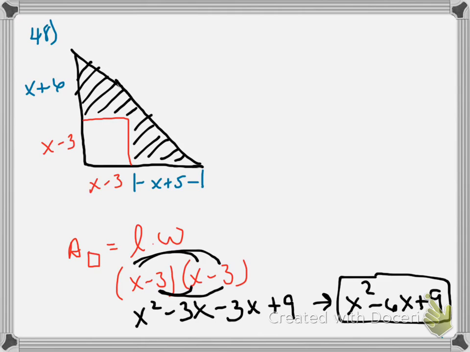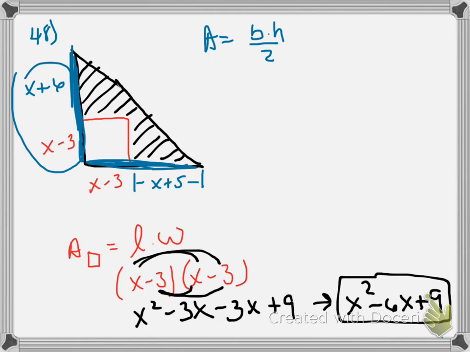Now I'm going to go ahead and do the area of a triangle. And the area of a triangle is base times height divided by 2. So if you kind of look, these two are going to get added together to make this side. And these two are going to get added together to make this side. So I'm going to go ahead and combine them. Let me go ahead and do that first.